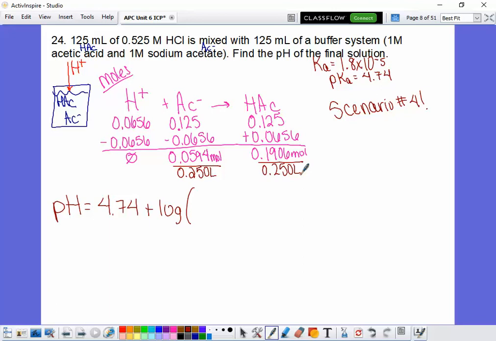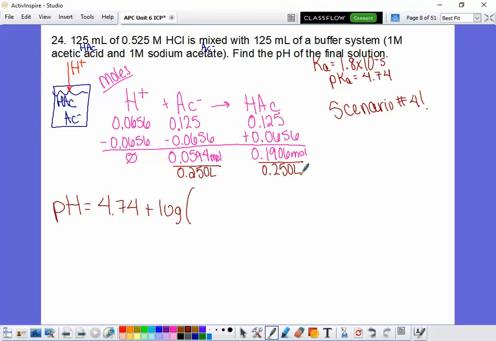So since 3 out of the 4 scenarios, 75% of the time, you're going to need to go back to concentration, might as well be in that habit so you don't make a mistake other places. If it's only going to save you 25% of the time, that's not good enough. So go back to concentration.